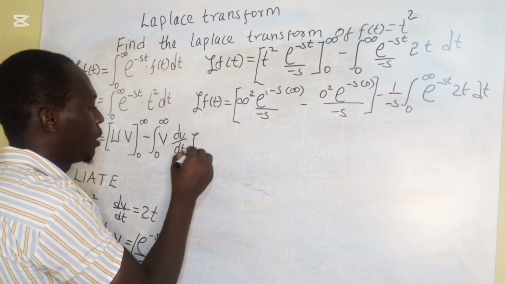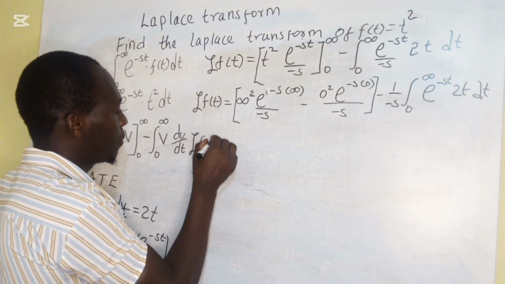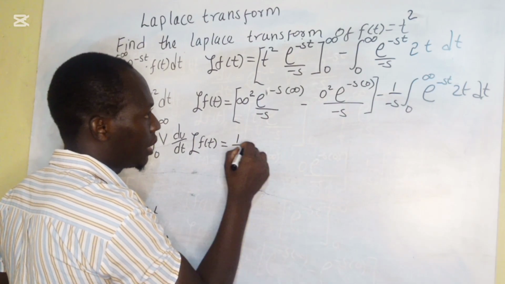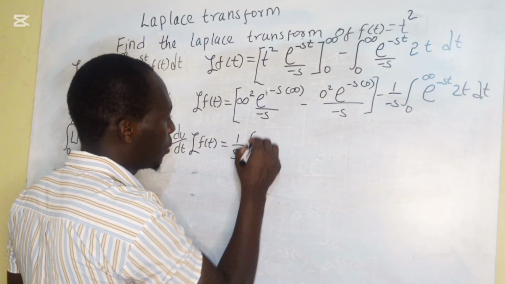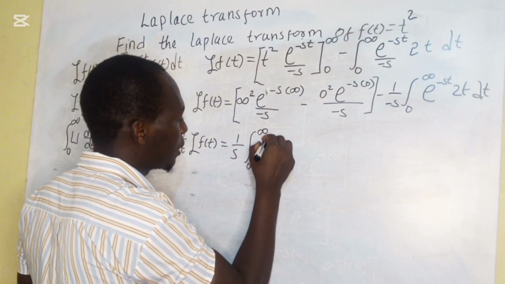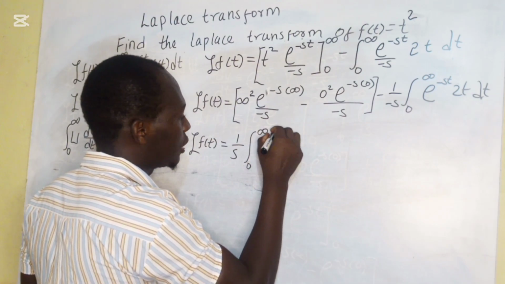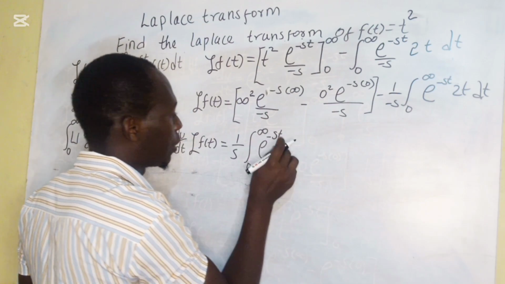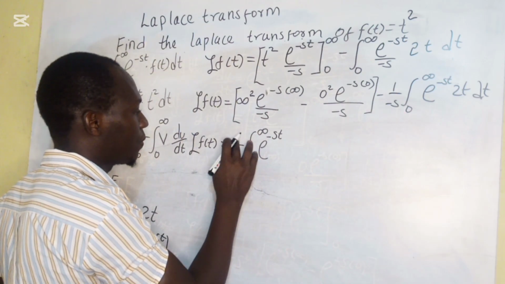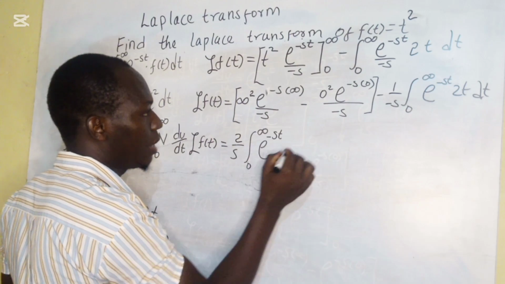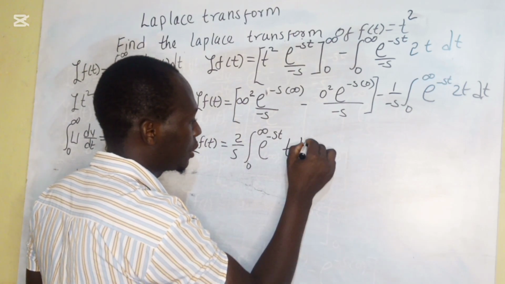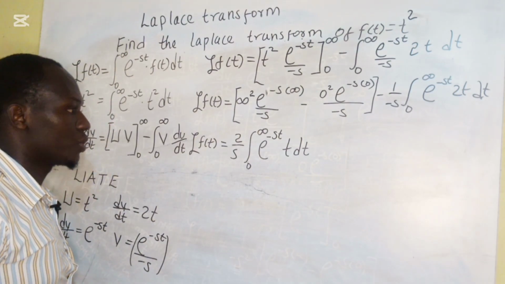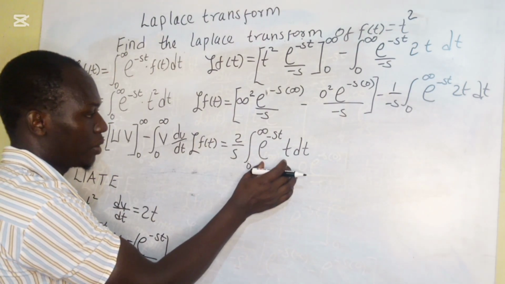So the Laplace transform of our function f of t is going to be equal to 1 all over s, an integral with respect to our limits, exponential negative st. We multiply by that 2, we can factor out, and here we are going to have 2t, and our integration is with respect to dt.